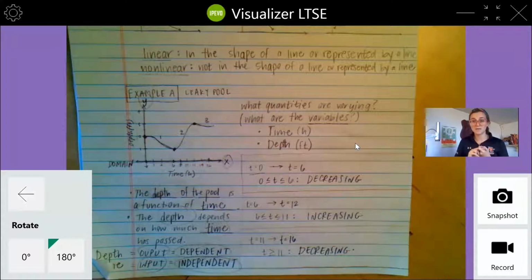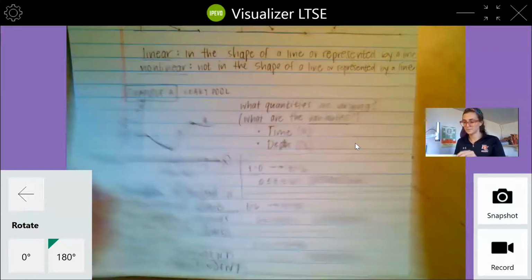Then from time equals 6 hours to time equals 12 hours, someone must have put a hose in the pool or something, because at that point the water level was increasing, the function was increasing. And then in my third interval, from 11 hours and beyond, the function slowly started decreasing again. The pool started losing water again, right?